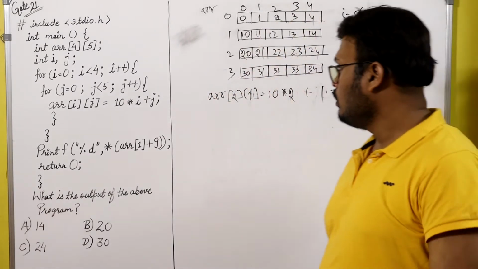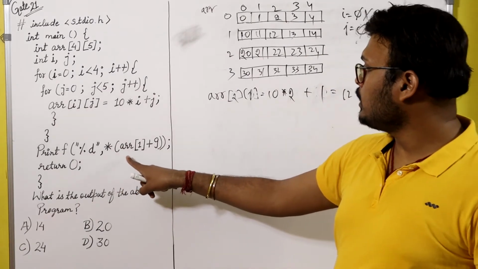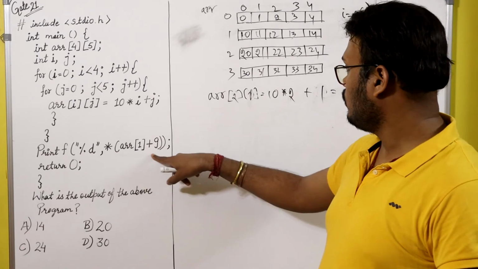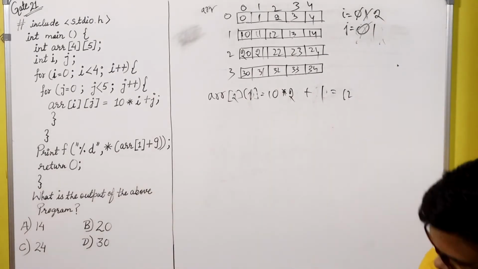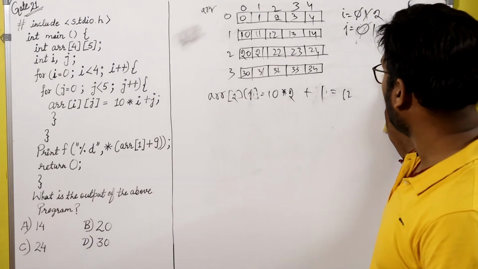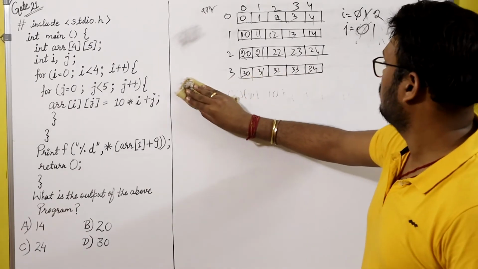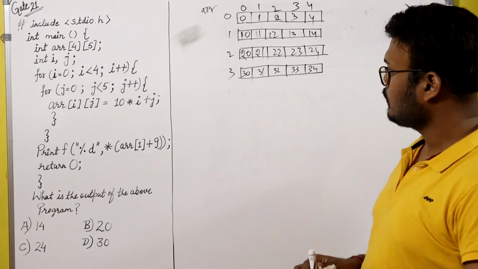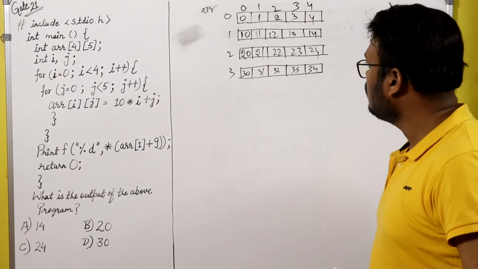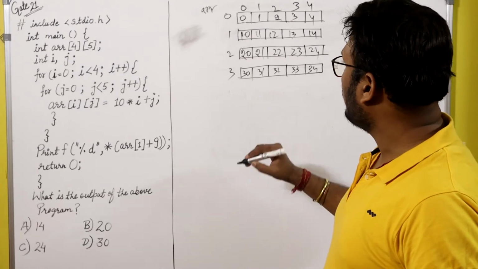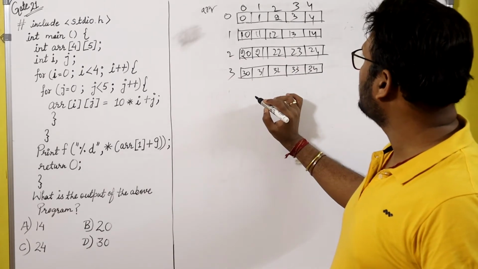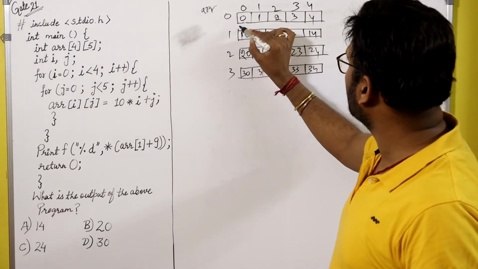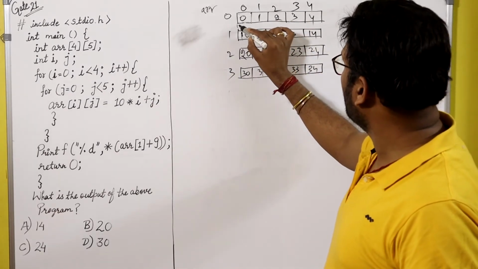Okay. So what they are asking in the question is what is the value that is printed here. Let me write this here. And also, let's write the address part also, for your convenience. So what is the address here? 100.